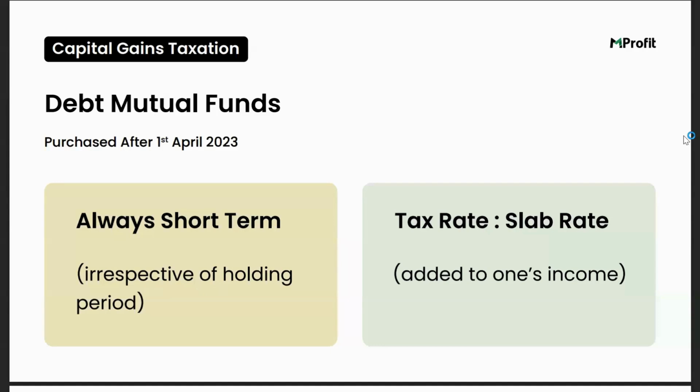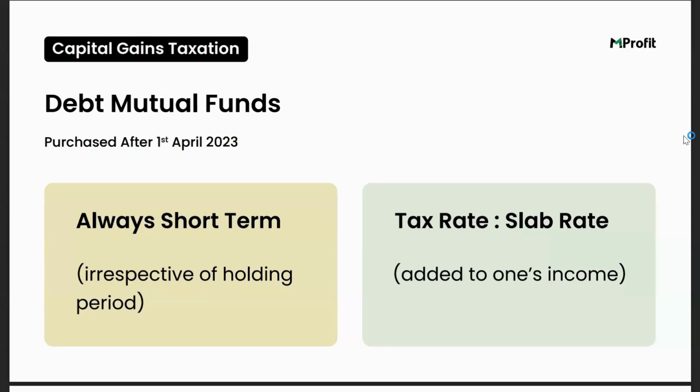And the taxation will be that of the slab rate. That is, your short-term capital gain will be added to your total income and taxed as per the income tax slab which is applicable to you. So for any debt mutual fund purchased after 1st of April 2023, there is no holding period definition applicable.